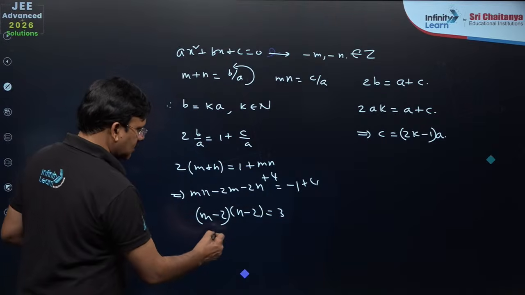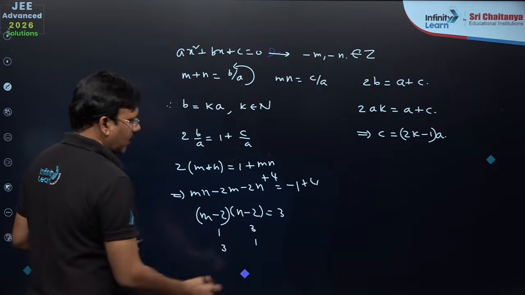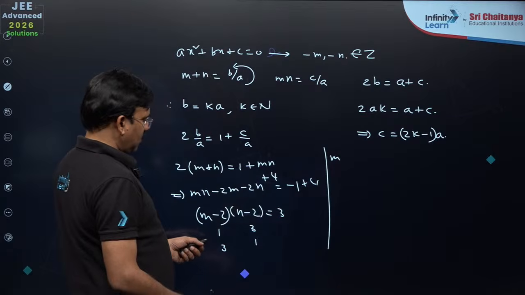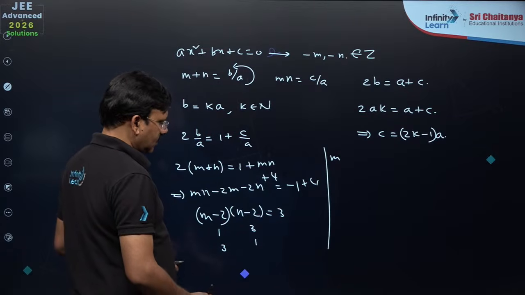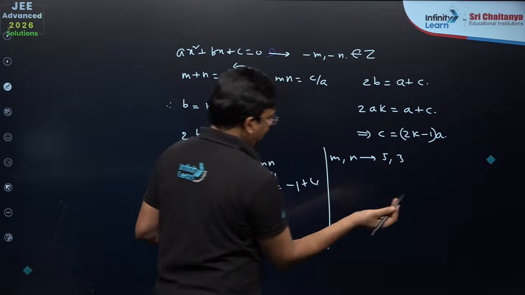So 3 must be either 1 into 3 or 3 into 1, which gives m, n must be 5, 3 or 3, 5.